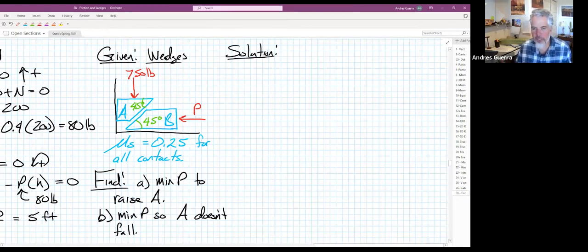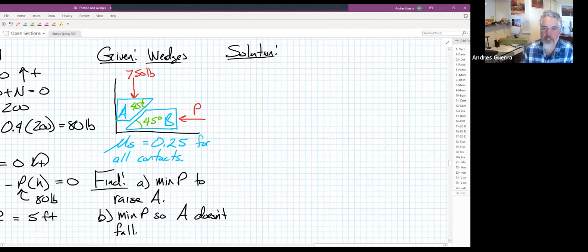So we identified all the options, but then we use this intelligent enumeration to figure out which option we should consider first. We're going to start with the FBD of A, and then I'll also talk about the FBD of A and B together.